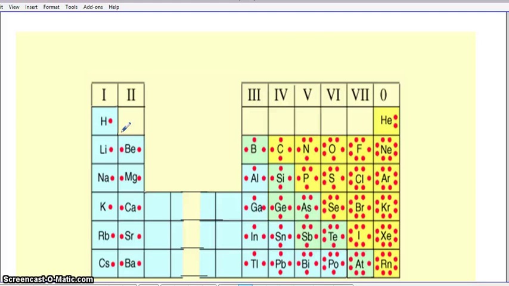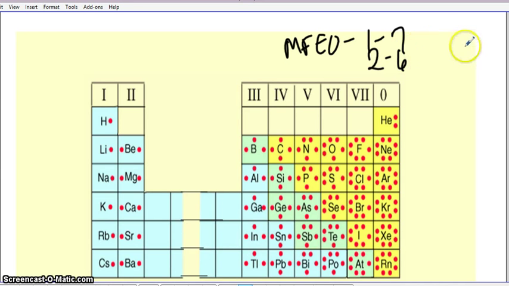Let's go ahead and check it out. MFEO. Yes, groups 1 and 7, they go together, because that wants to give up one, and that one becomes full, fat, and happy. Group 2 and 6. Group 3 and 5. Very good. They all add up to 8, don't they?